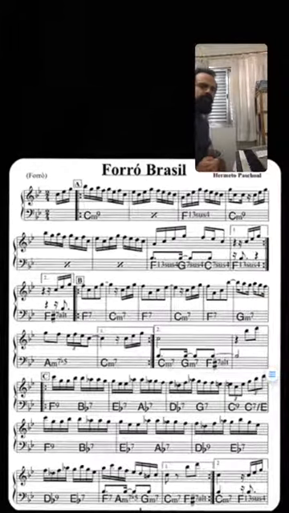you have another typical accent in Baião or Forró, that is the accentuation of when you have the dotted eighth note dotted with a 16th, and then you're going to accentuate the 16th.